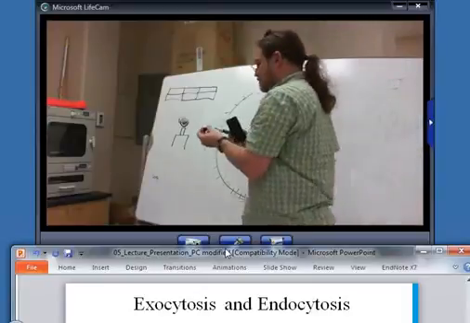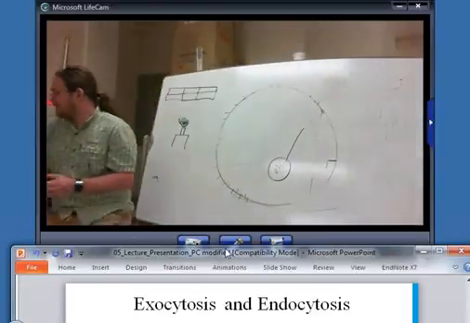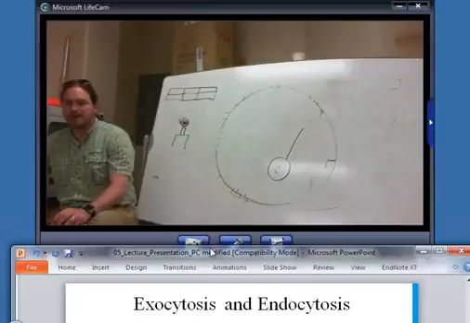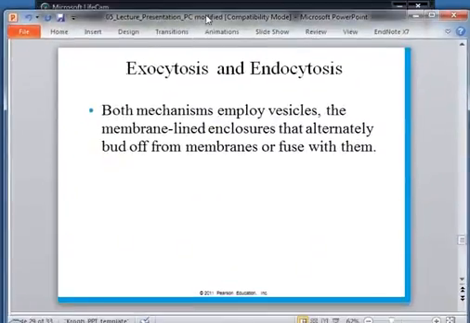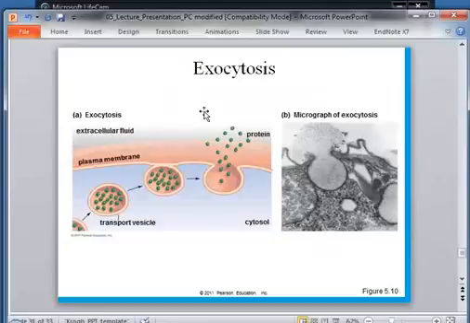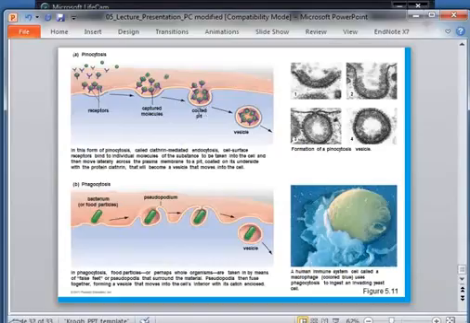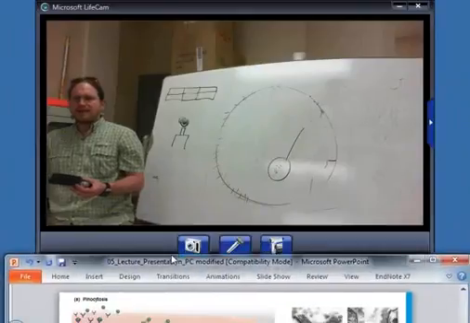And so that one's pretty easy, but sometimes we also have to get really big things inside our cell. We need to use endocytosis. And in endocytosis, what we're going to do is try to bring something in. And we are going to do this with pseudopodia, which are basically false feet.